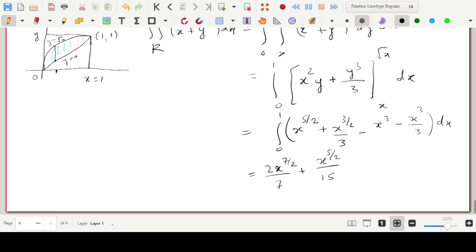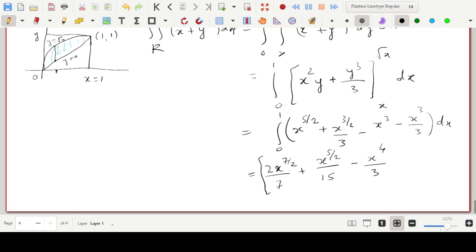Now this minus x cube over 3 together becomes negative of 4x cube over 3, and the integral of that is negative of 4x to the power 4 divided by 4 multiplied by 3. So the 4 gets cancelled, so x power 4 over 3.